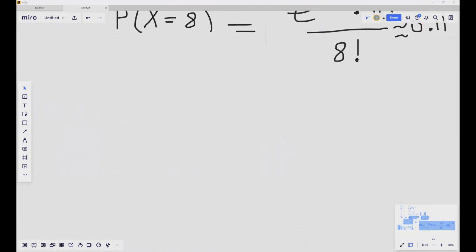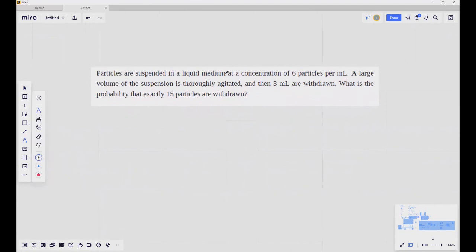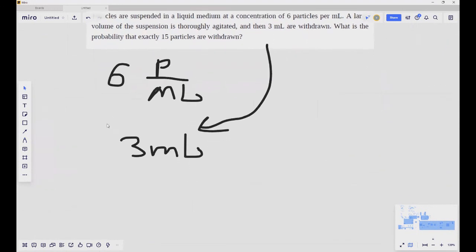Now let's take a look at another problem. All right, so again, we are working with a liquid and the concentration of particles in it. Now we have 6 particles per milliliter. Then we are withdrawing 3 milliliters of that liquid. What is the probability that exactly 15 particles are withdrawn?